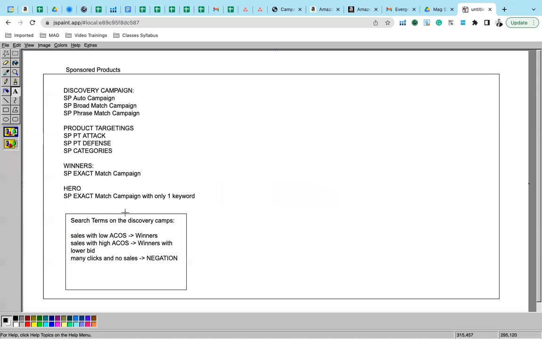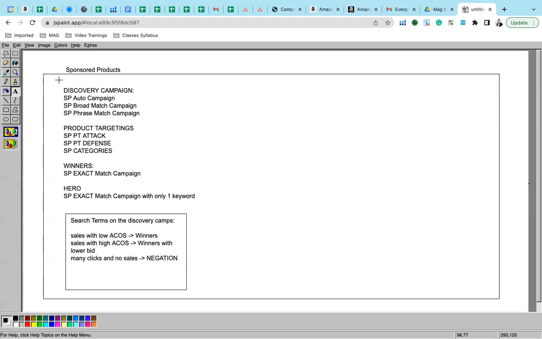So this is the structure of a well-managed PPC account. We have discovery campaigns and product targeting campaigns, and keywords that are highly related and winners go to the winners campaign. The super winners, which we call heroes, have their own campaigns.